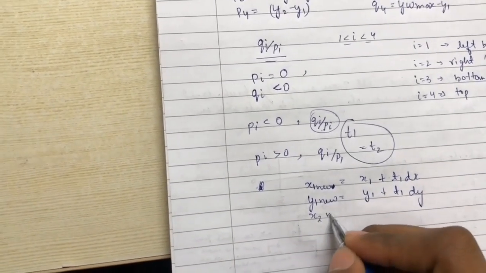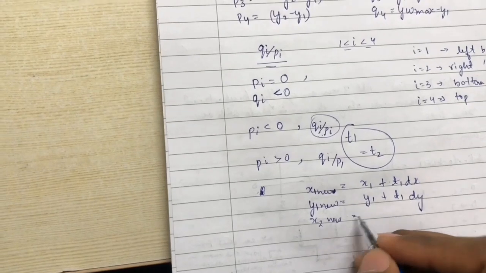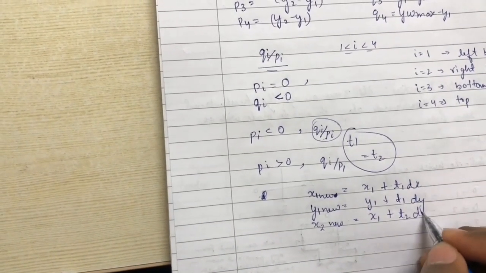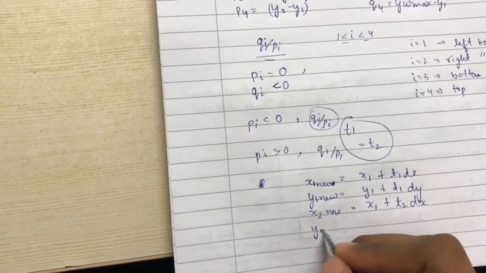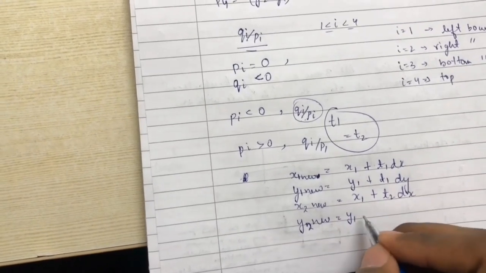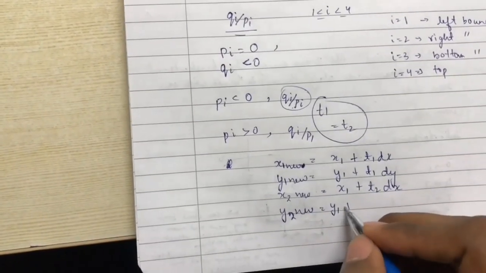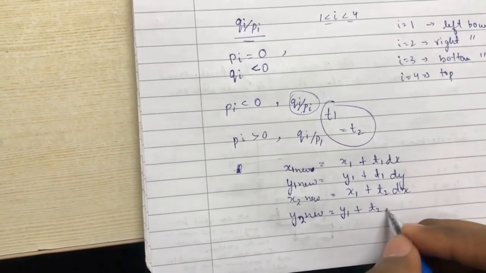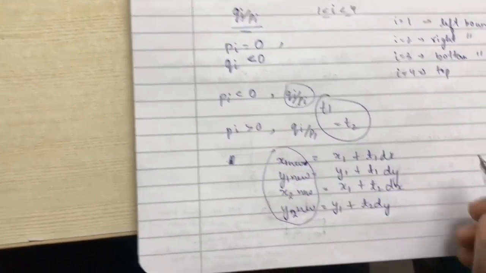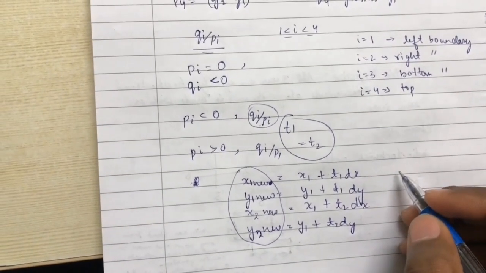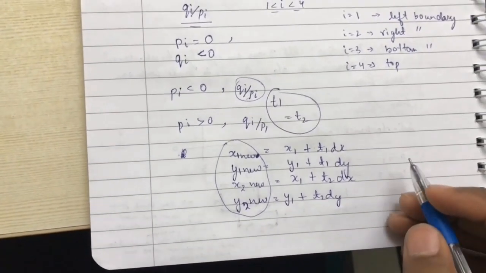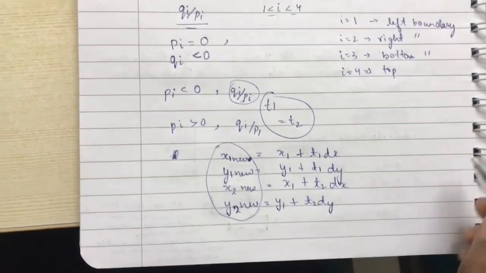Then x2 new is equal to x1 plus t2 into dx, and y2 new is equal to y1 plus t2 into dy. So here we have these four coordinates: x1 new, y1 new to x2 new, y2 new. This is the clipped line which we have to plot.